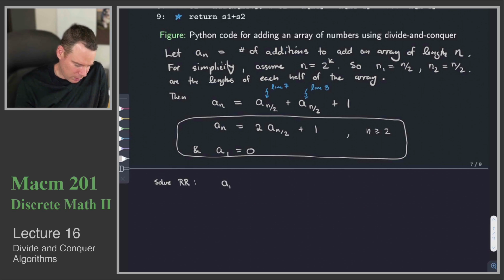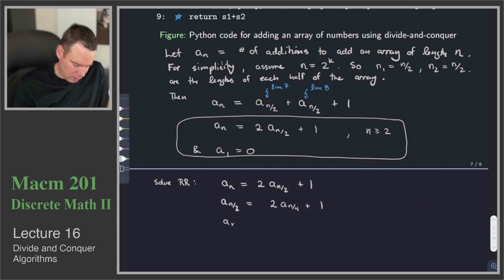So we'll write out a sub n is equal to 2 a sub n over 2 plus 1. And then we'll rewrite the equation, in this case for a n over 2. So that's 2 times a n over 4 plus 1.